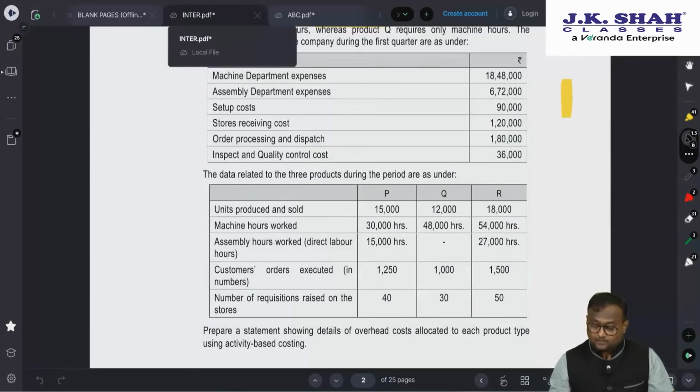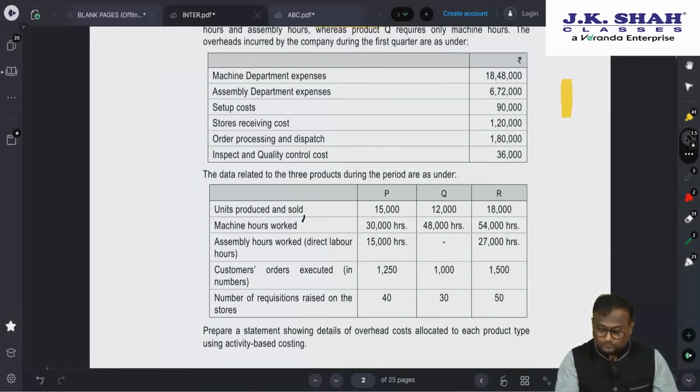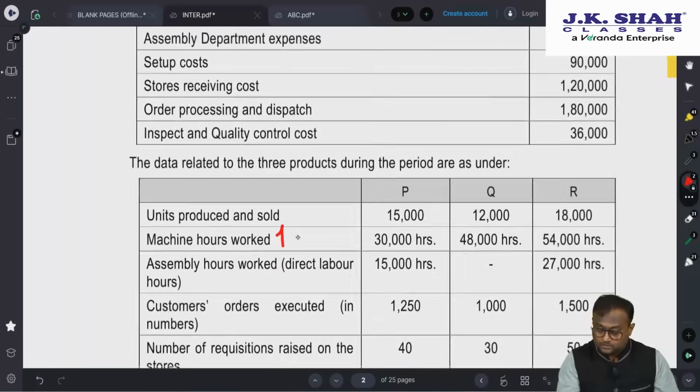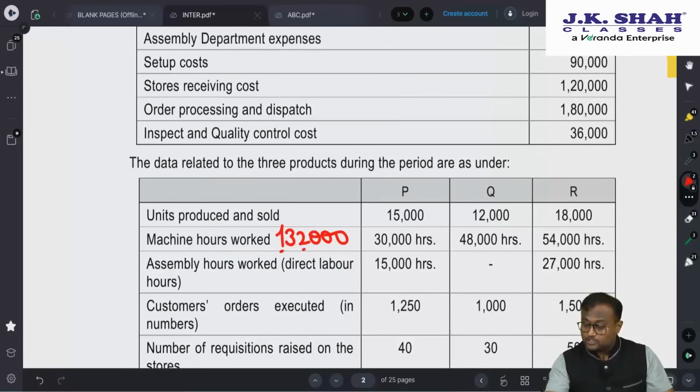Then the machine hours worked are 1,32,000 hours.